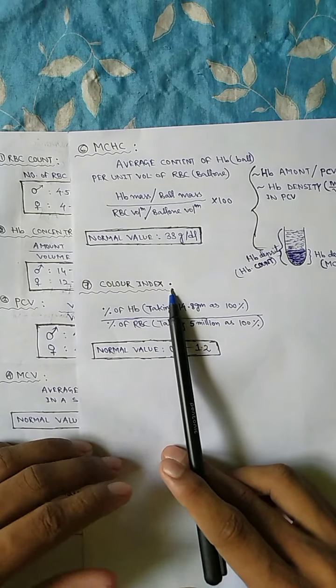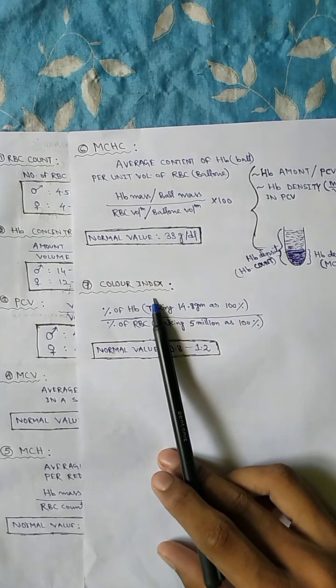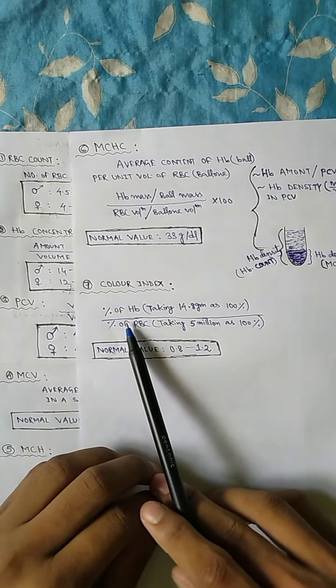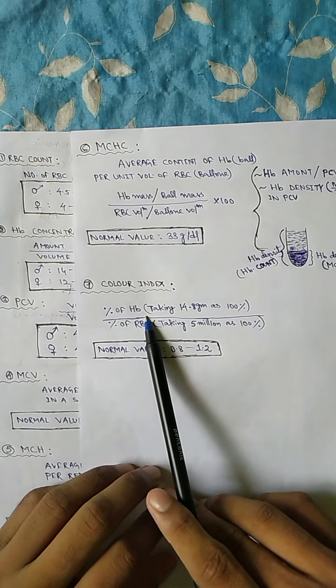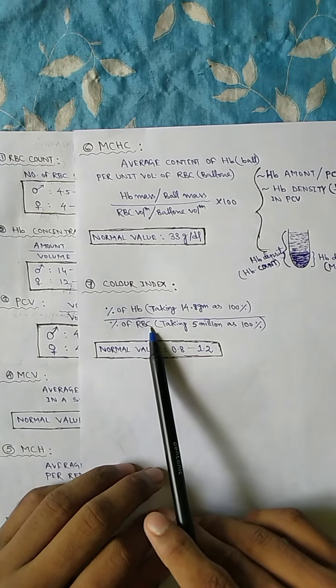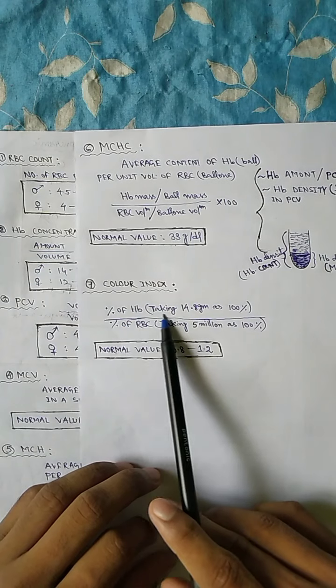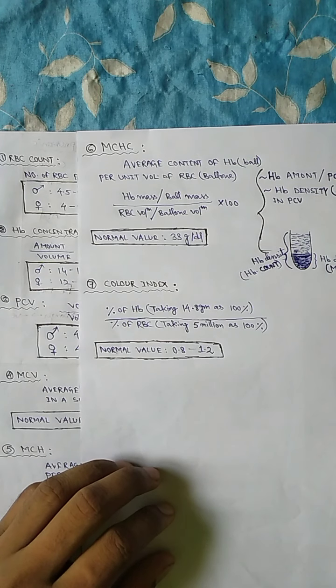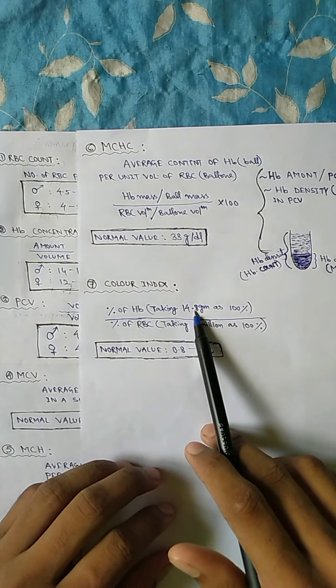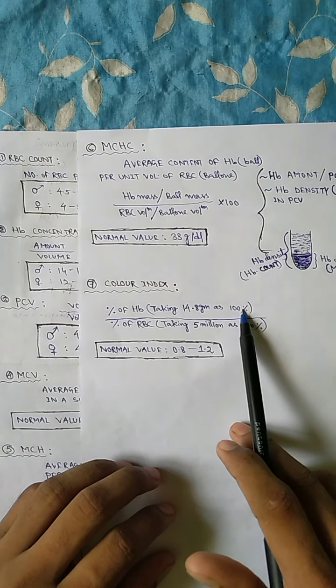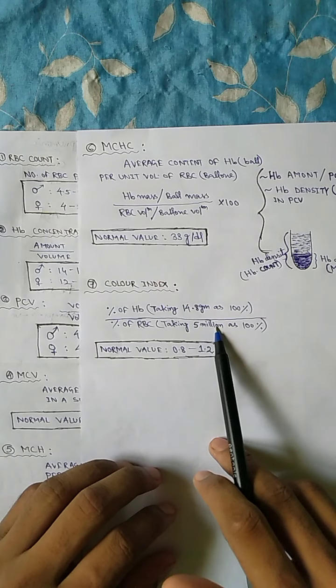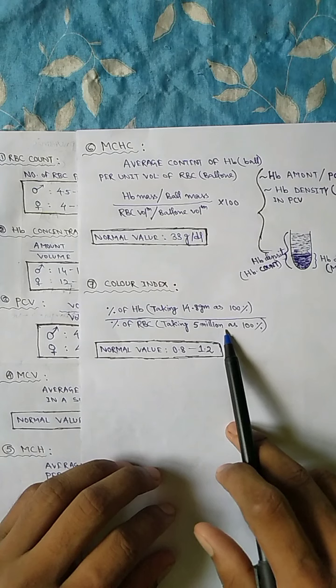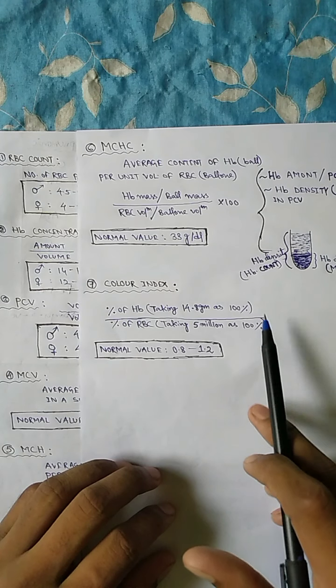Now color index, what does it mean? Color index is the ratio of the percentage of hemoglobin to the percentage of RBC. For this we will consider 14.8 gram as 100% of hemoglobin, and 5 million RBC per microliter will be considered 100%.